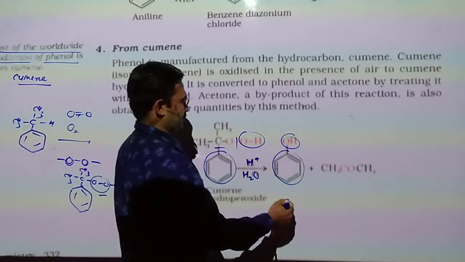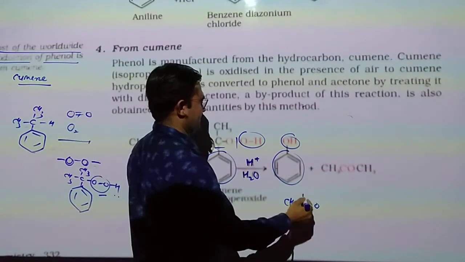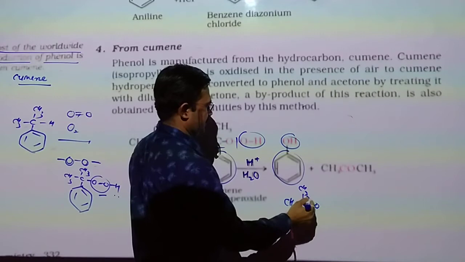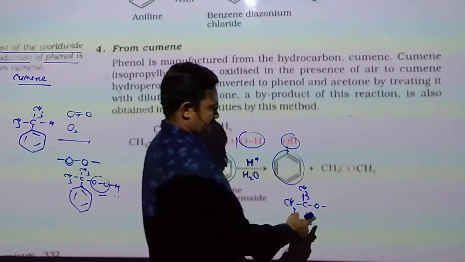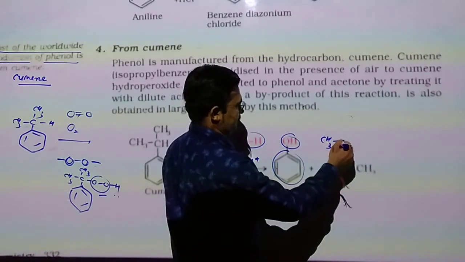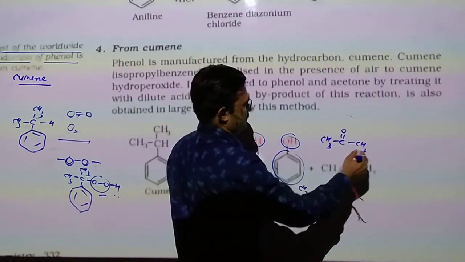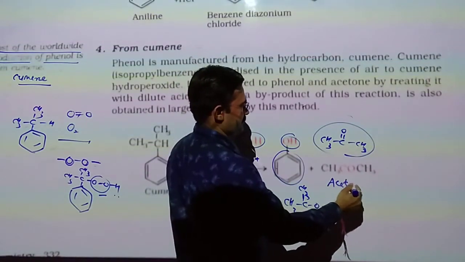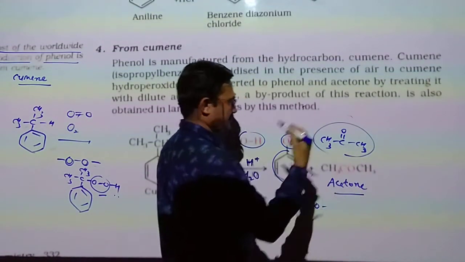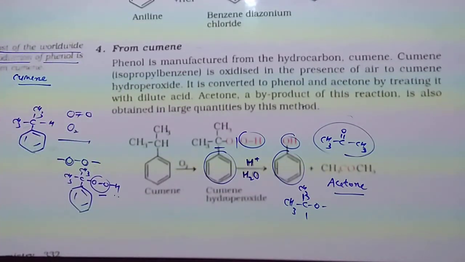Here two parts: CH3CO, one bond remaining of carbon and one bond of oxygen, and both combine with each other, so it gives acetone. This is acetone, our product.